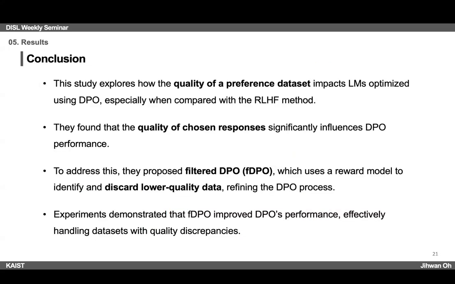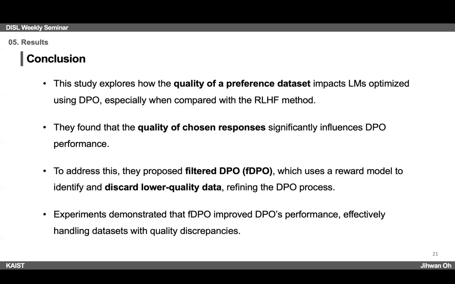Now let's move on to the conclusion. First, this study explores how the quality of preference dataset impacts language models optimized using DPO, especially when compared with RLHF method. Second, they found that the quality of chosen responses significantly influences DPO performance.